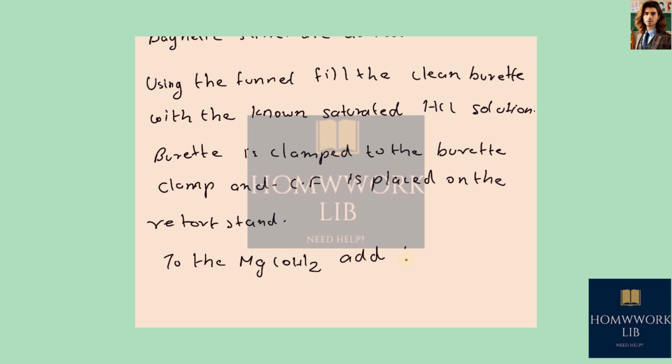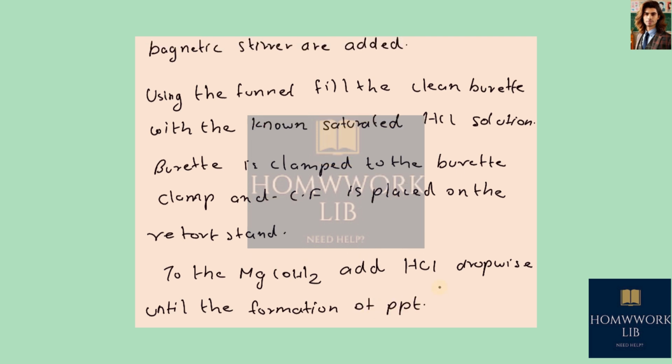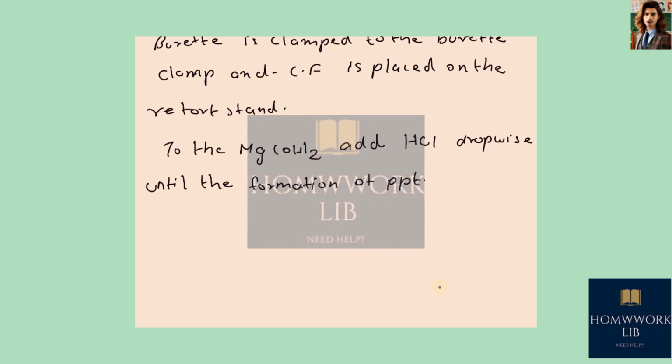Now as the setup is completed, to the unknown magnesium hydroxide solution, HCl is added drop wise until the formation of precipitate, where initially when the HCl is added, we would have magnesium hydroxide to neutralize.